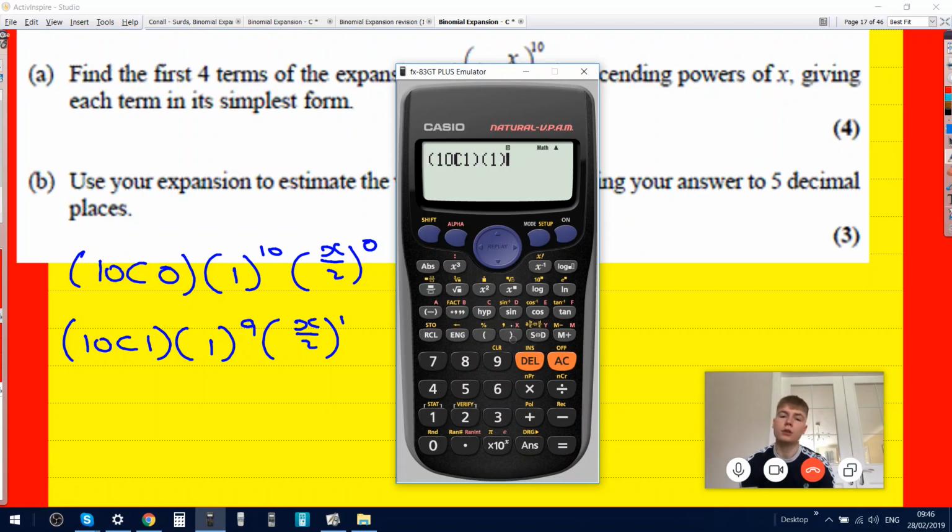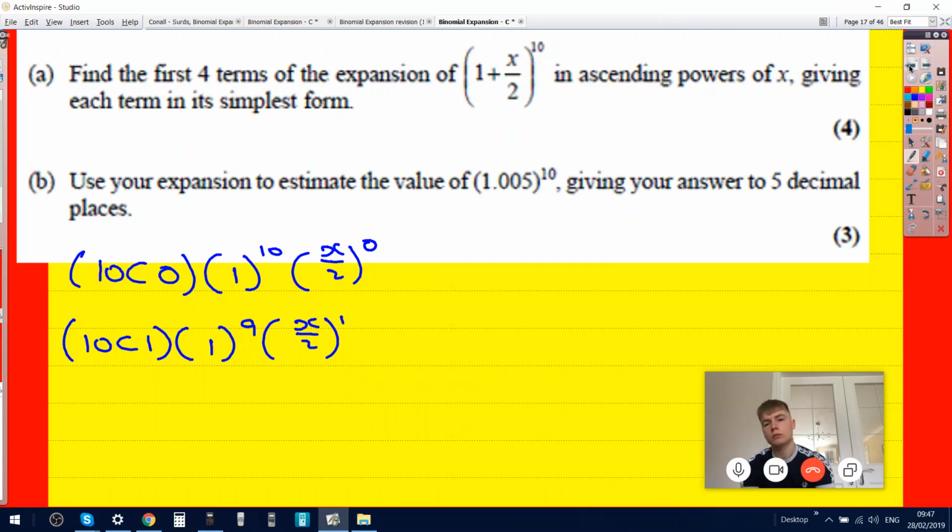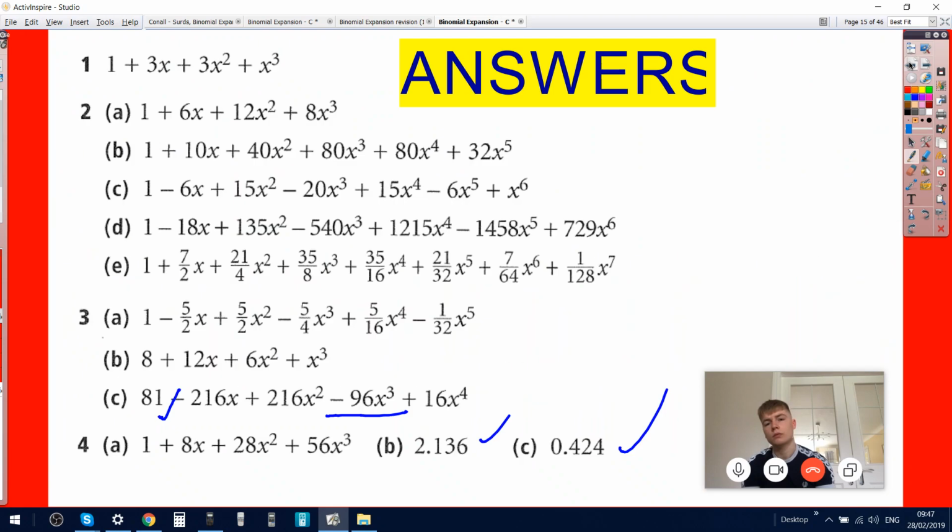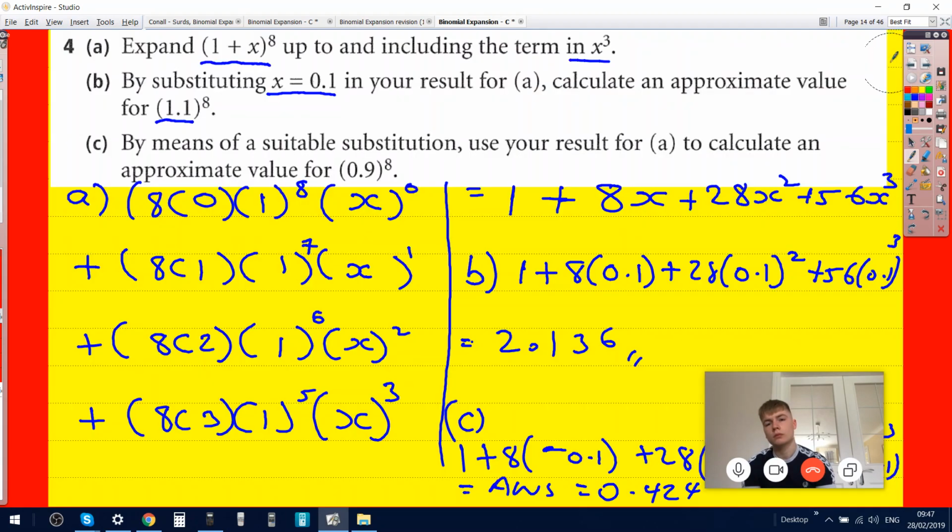Where you can put... Oh, you have to convert it into index form. What would it be? X to the minus 2. No.